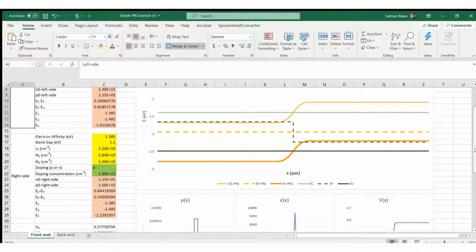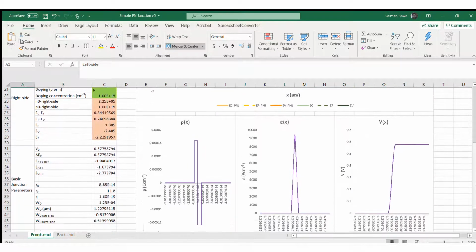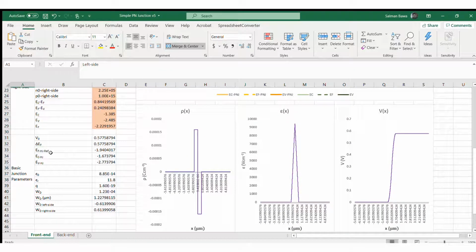And then we have the basic junction parameters. So these show up once the junction forms, which is the V naught, the delta E sub F that we have discussed in the presentation, the E sub F for the homojunction that's formed. So that's the pinning of the Fermi level after the junction is formed.